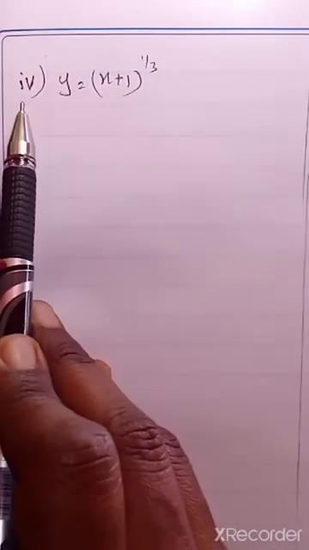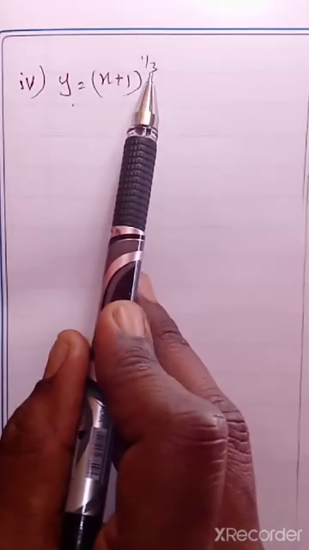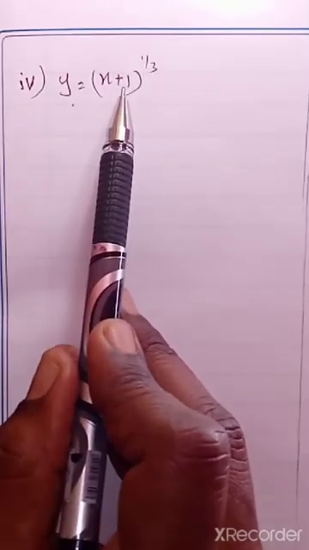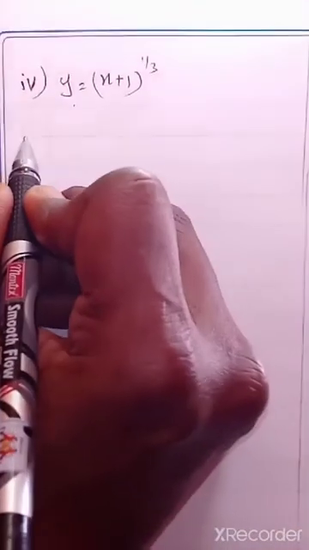Now, what is your fourth subdivision? y equals x plus 1, the whole power 1 by 3. So, inside the function, we are adding 1 unit. Correct? So how can we write?